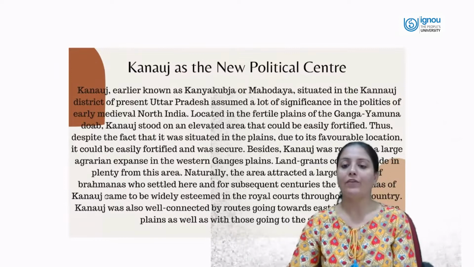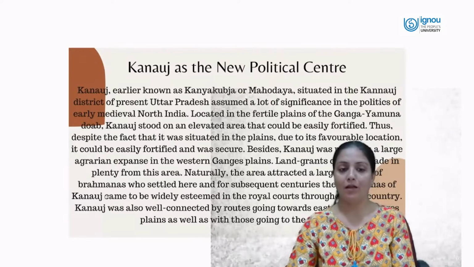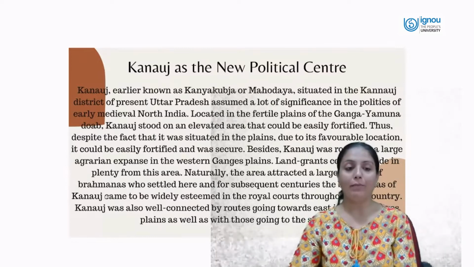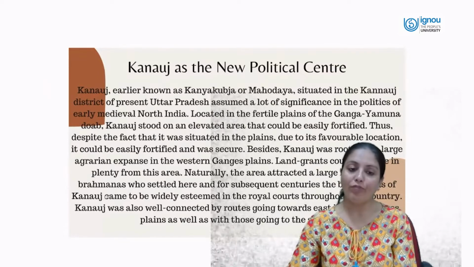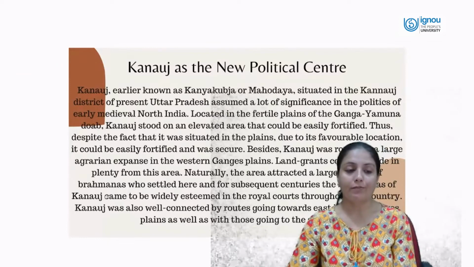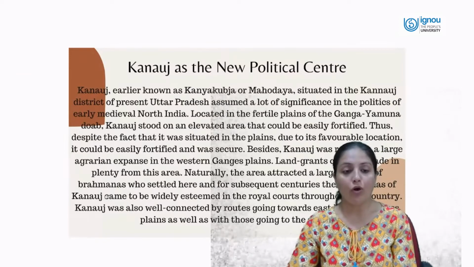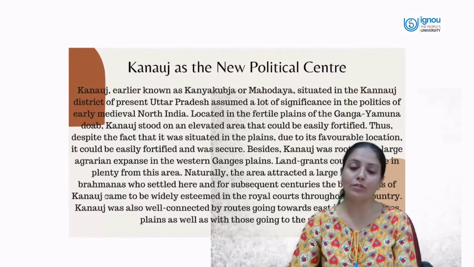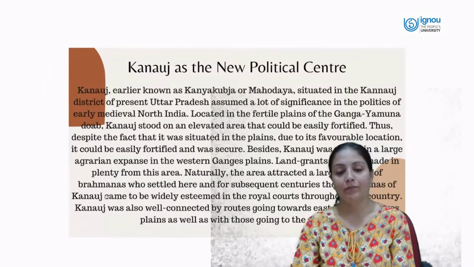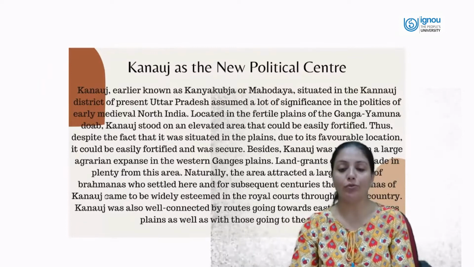Naturally, the area attracted a large number of Brahmins who settled here, and for subsequent centuries, the Brahmins of Kannauj came to be widely esteemed in the royal courts throughout the country. Kannauj was also well connected by routes going east into the Ganges plains, as well as those going to the south.